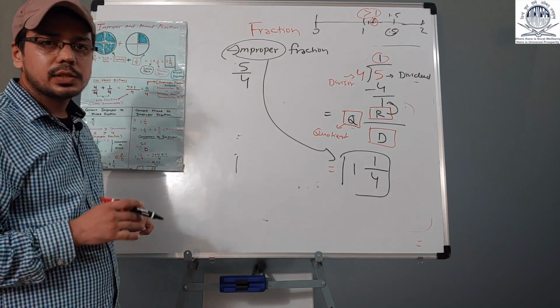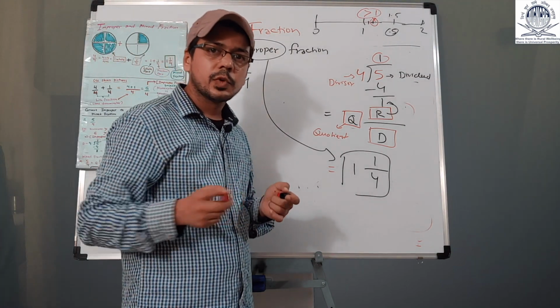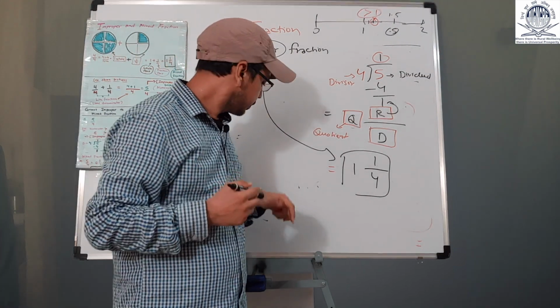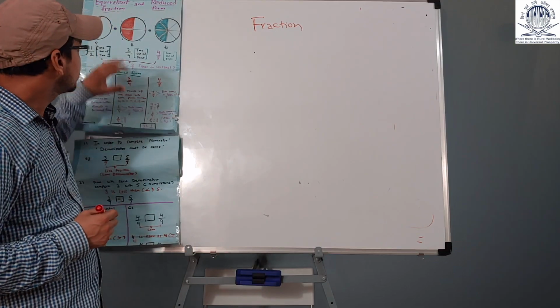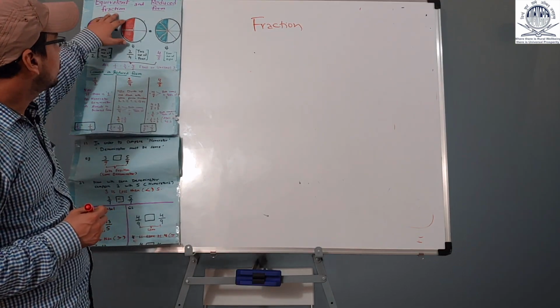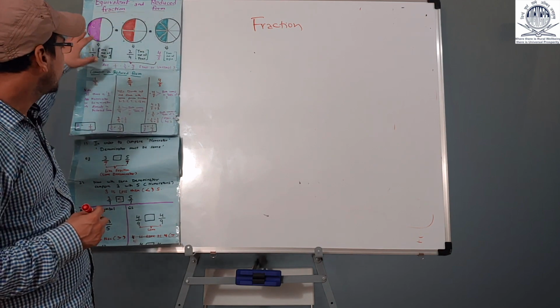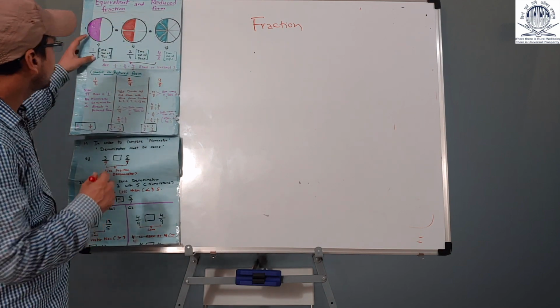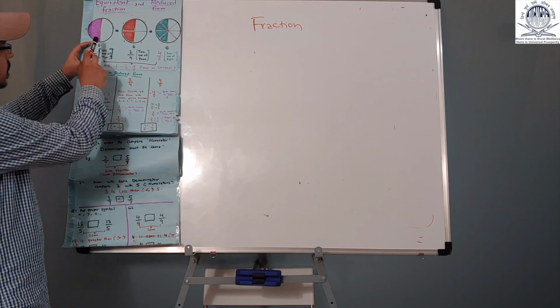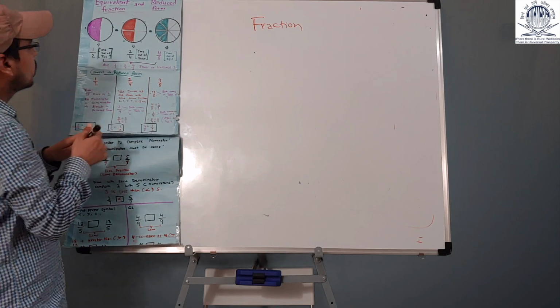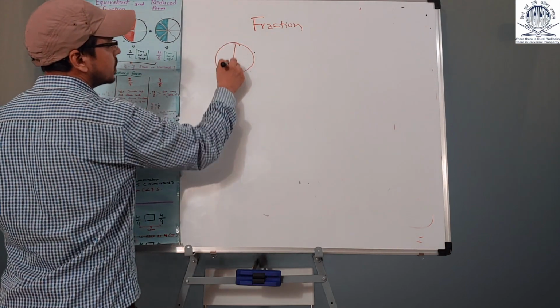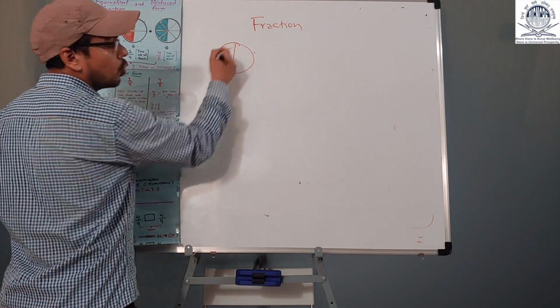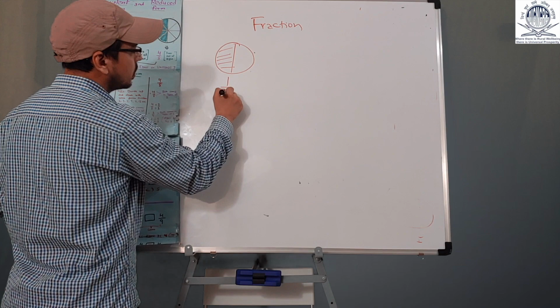And now let's go to the next part of the chart. Alright, our next chart represents the equivalent and reduced form. Now what does that mean? If you look carefully over here, the first circle, if we draw, represents that we are just taking 1 out of 2, right?